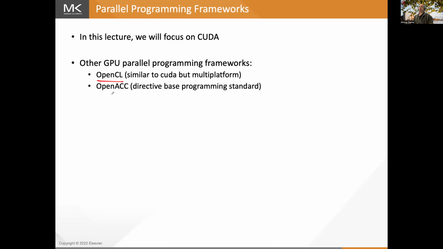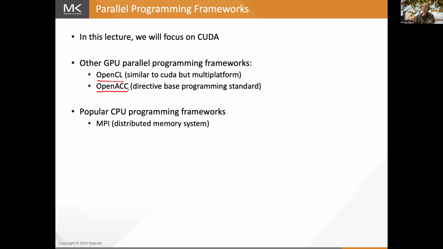And there's another GPU programming framework, which is called OpenACC, which is a directive-based programming standard, similar to what you saw in OpenMP, where you define directives in your C code to parallelize and to send the computations to the GPU.